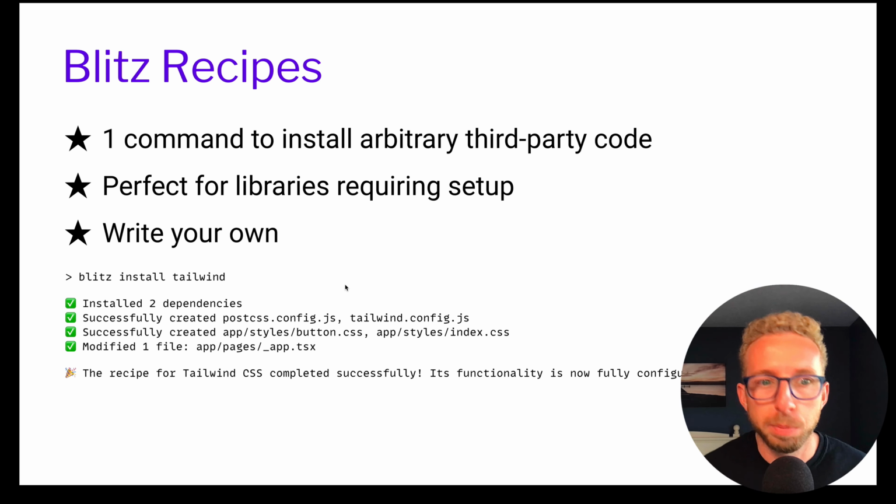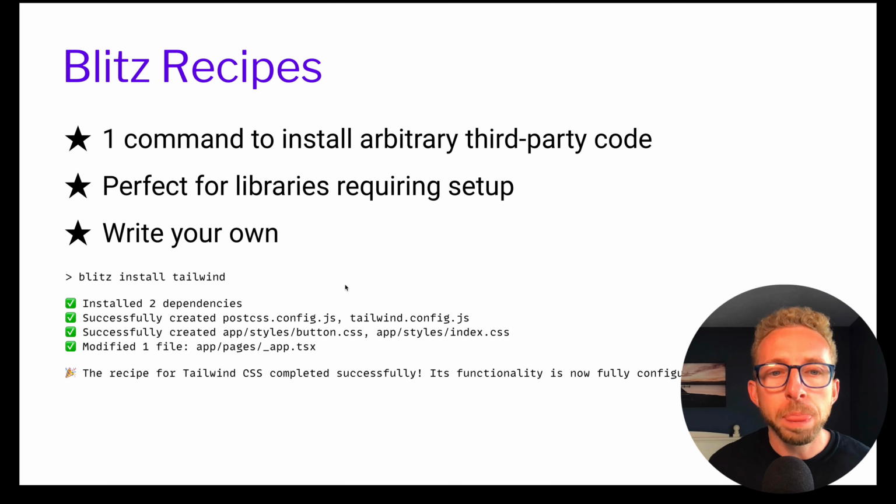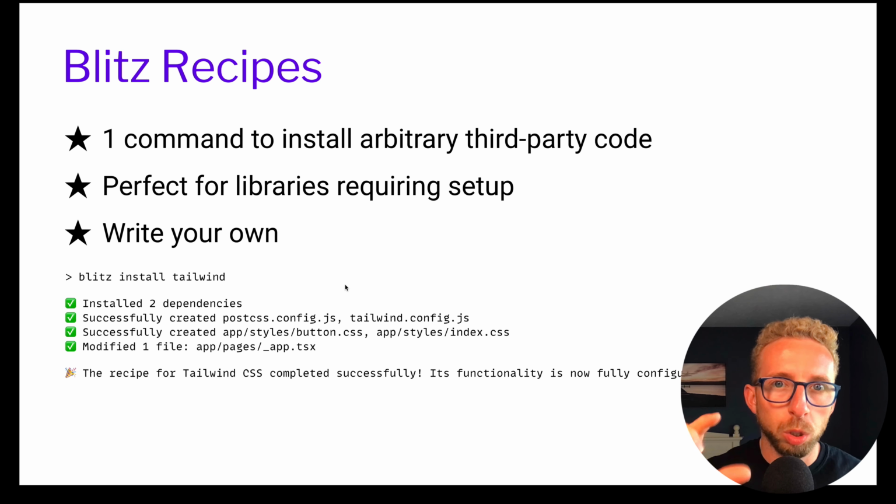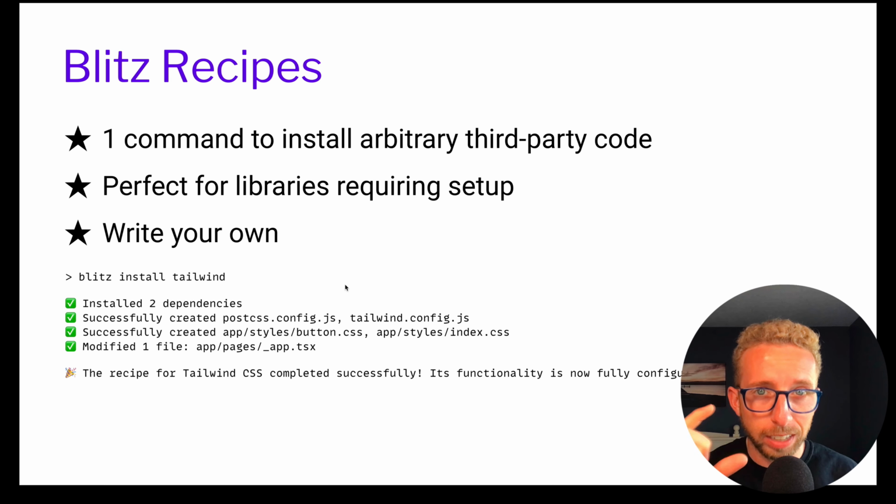Well, as long as there's a recipe for it, but you can install any third-party library with one command, and it'll set it up already for you. In fact, you can write your own recipes, and it can be any type of arbitrary code. So an example is you can run blitz install chakra UI, and that will automatically install all the dependencies, any configuration files, and it will automatically go into your code and update the root of your application to include the theme provider, the context provider.